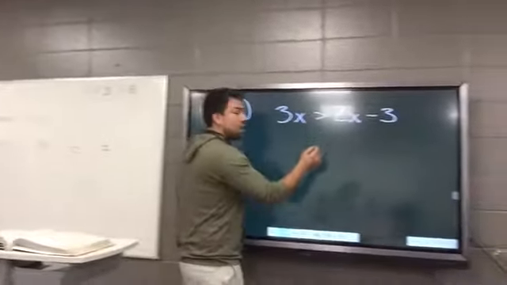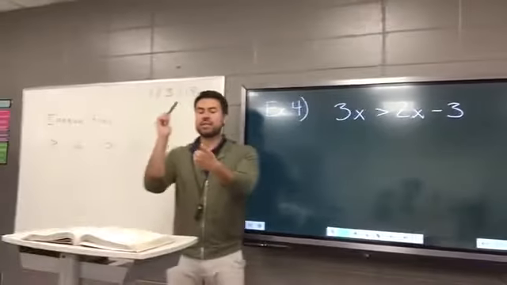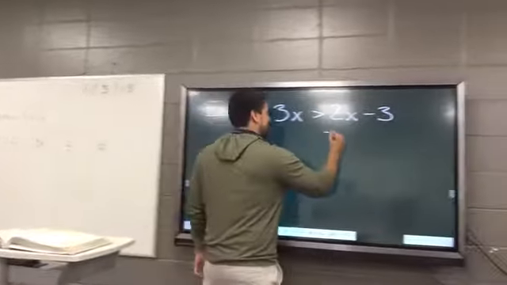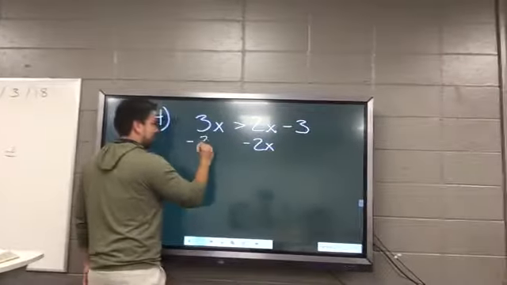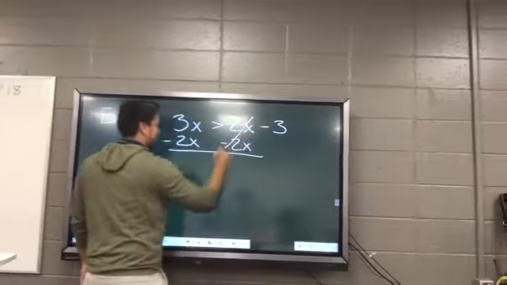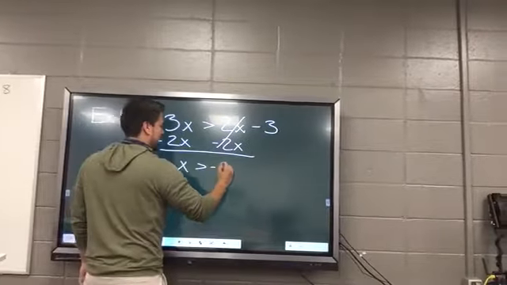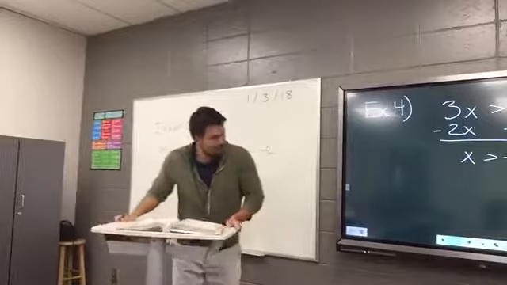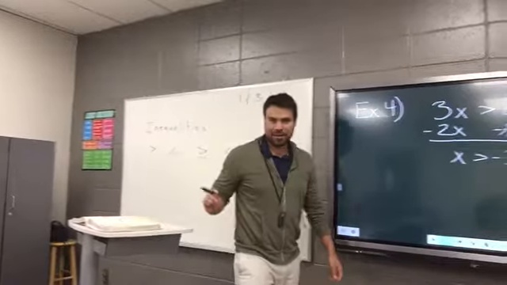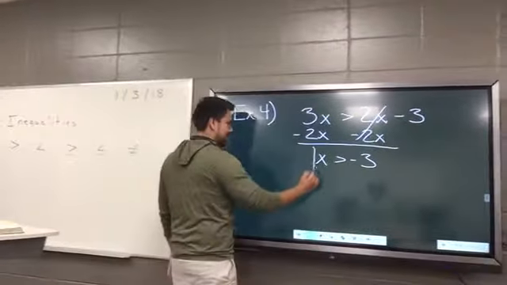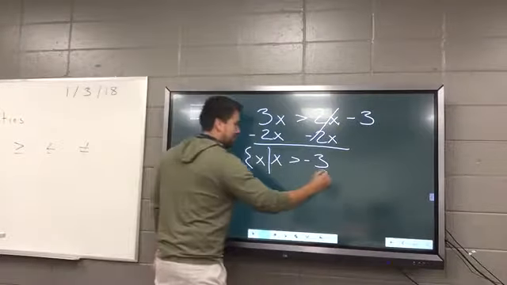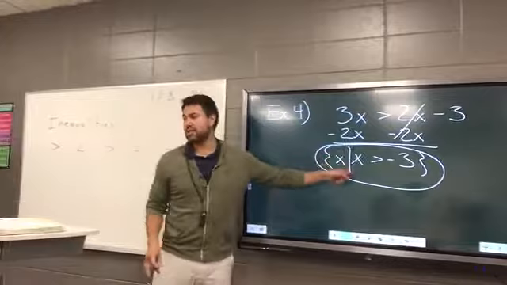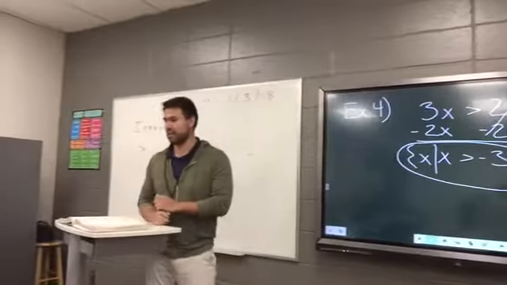All right, then to solve it, I want you to write your answer in set builder notation and to graph it. Okay, is that set builder? No? Okay, ready? Here, I'm going to make it tough for you. That's set builder: x is any number such that x is greater than -3.